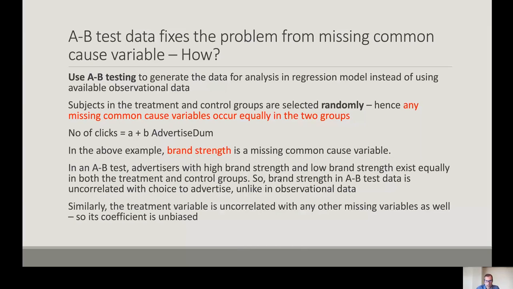So why does this happen? The reason this happens is that subjects in the treatment and the control groups in the A-B test are selected randomly. And therefore, any missing common cause variable occurs equally in both the groups.